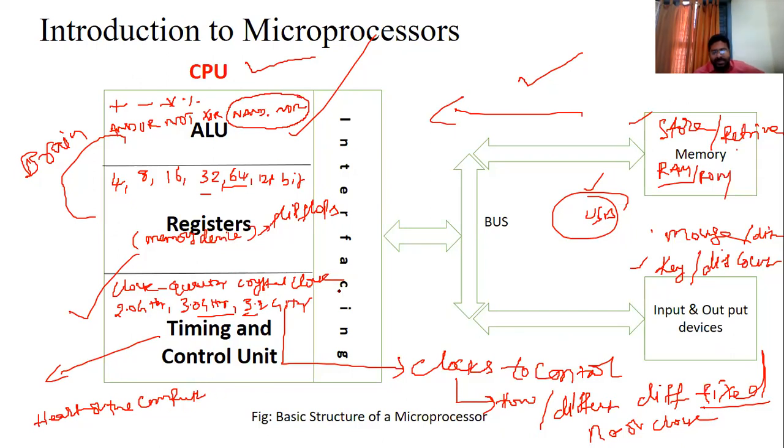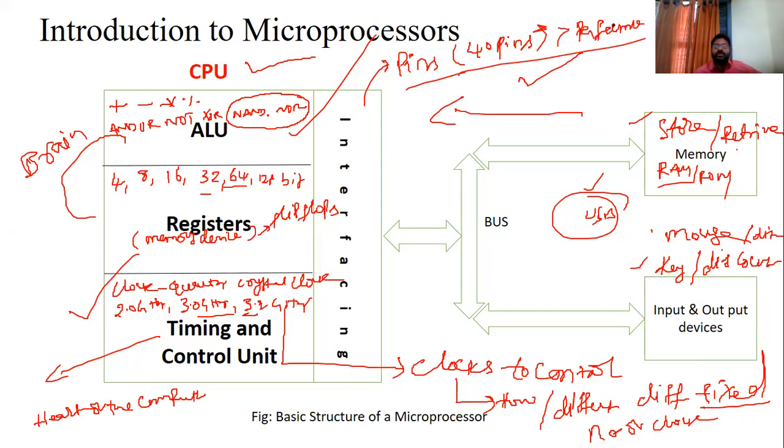Then what is the interfacing unit? The interfacing unit has the pins. We have different types of pins. In the 8085 and 8086 microprocessors we have 40 pins. As I said earlier, if the number of pins of the microprocessor increases, the cost increases, and at the same time the performance also increases.